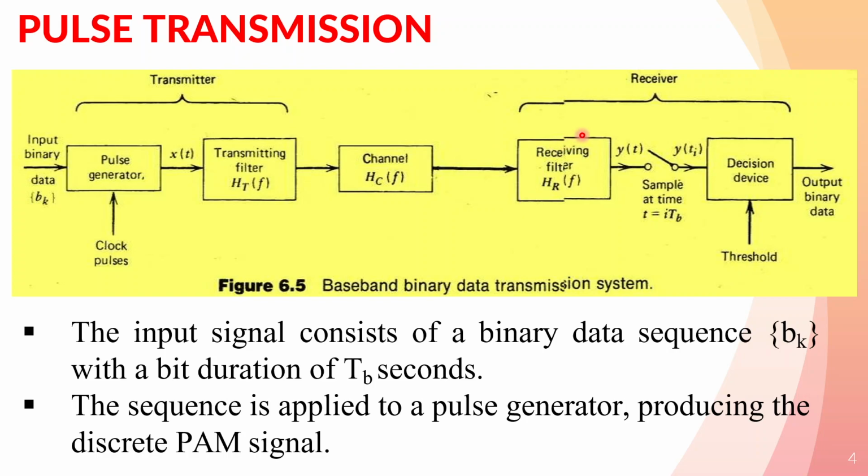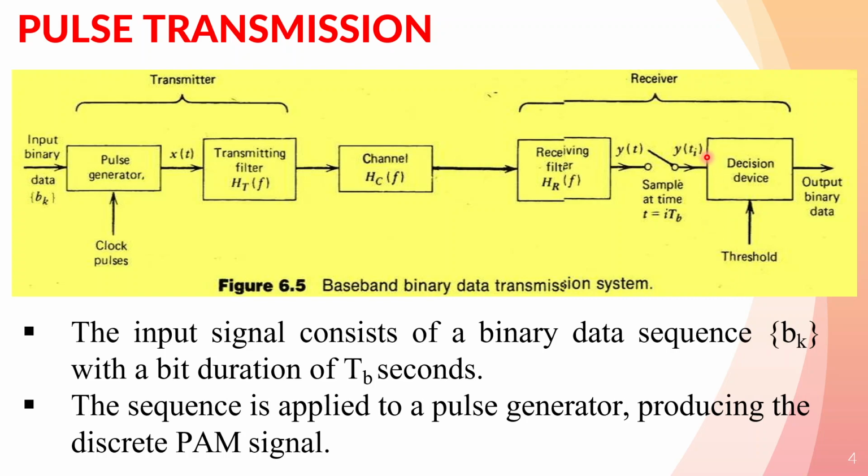At the receiver side, we are having the receiving filter of transfer function Hr of f, and at each sample time t equal to i Tb, the switch will be closed and this y of t will be sampled. A decision device will be used to take the decision based on the threshold value.